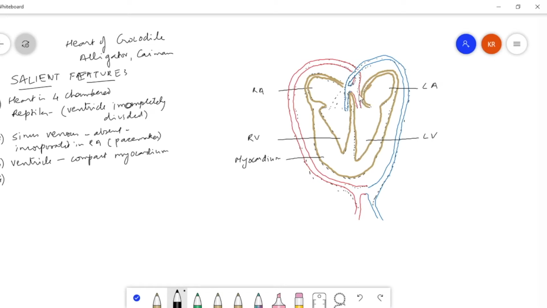Okay, this is the aorta, and it is moving towards the right side.